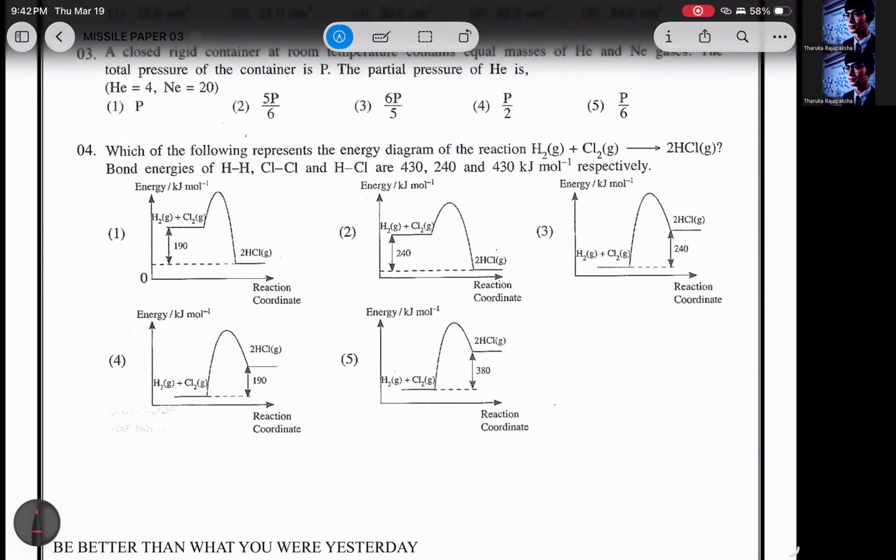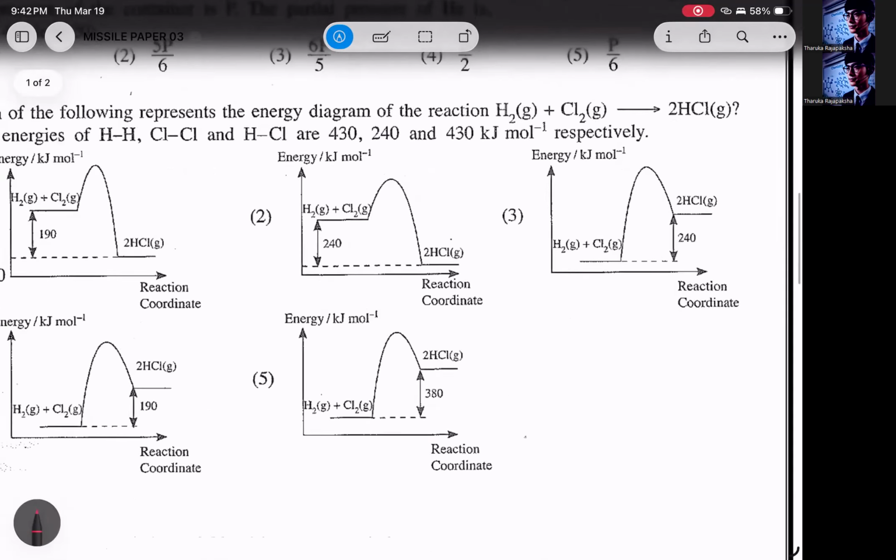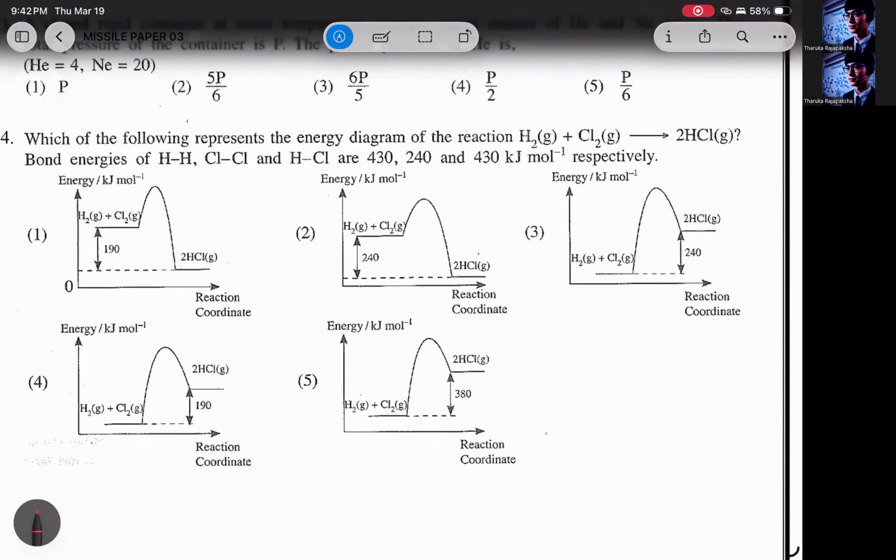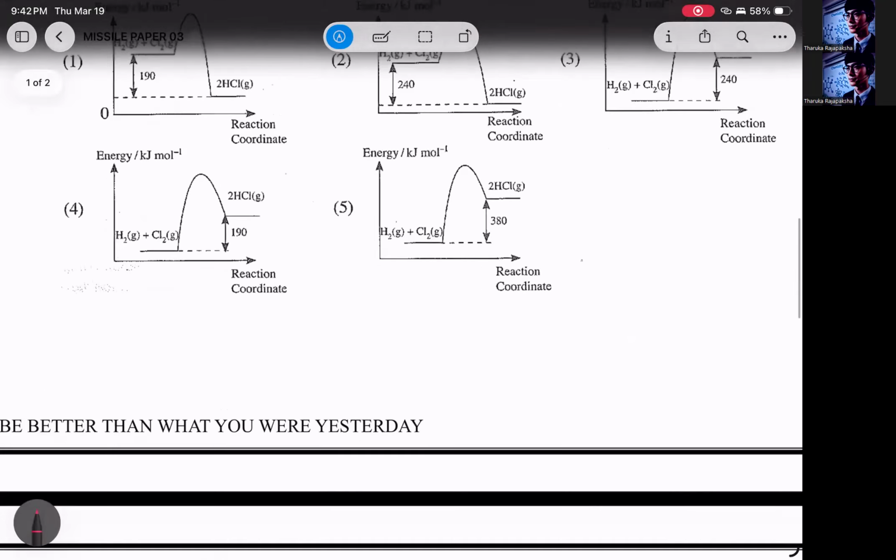Second one, third one, fourth one, calculations. Actually, the fourth one we can manage to do. Which of the following represents the energy diagram of the reaction H2 gas, Cl2 gas, and HCl gas? Bond energies are given. So if the bond energies are given, we can calculate delta H by using the equation: delta H of broken bonds minus delta H of formed bonds, right?